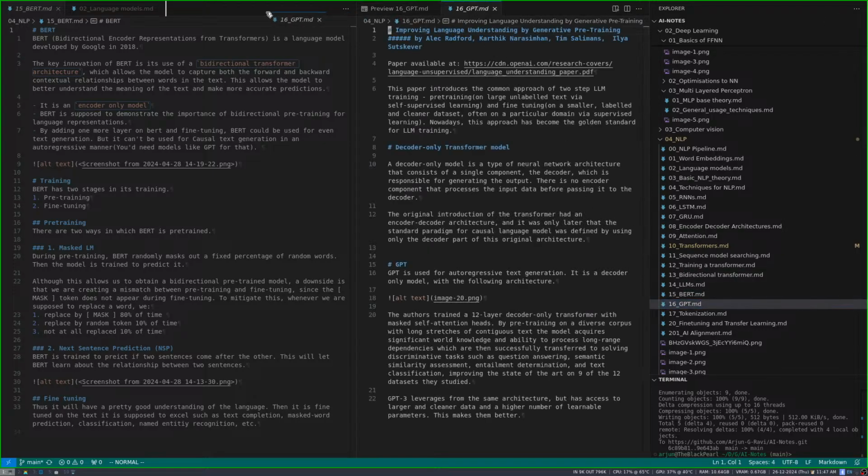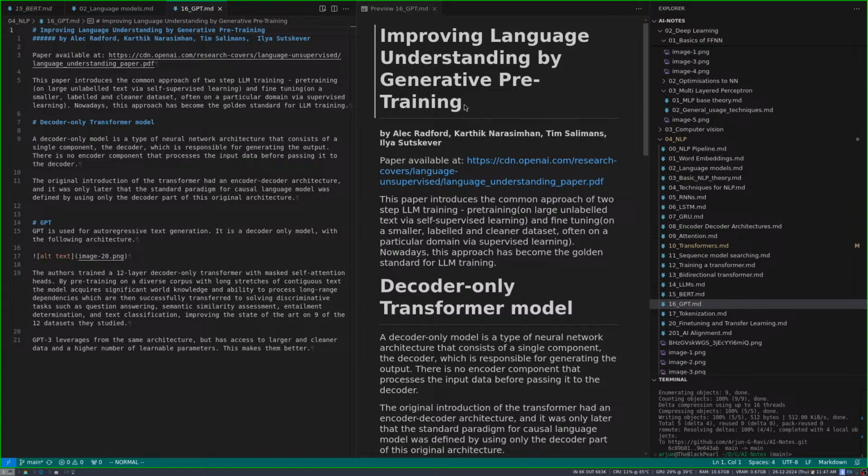You also have the very popular GPT, Improving Language Understanding by Generative Pre-Training. This paper introduces two-step LLM training, pre-training and fine-tuning.